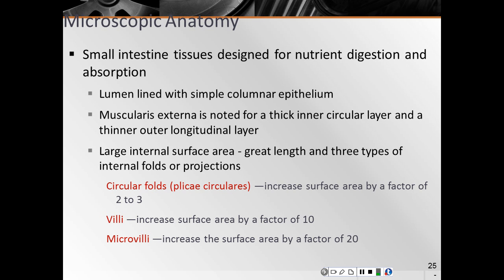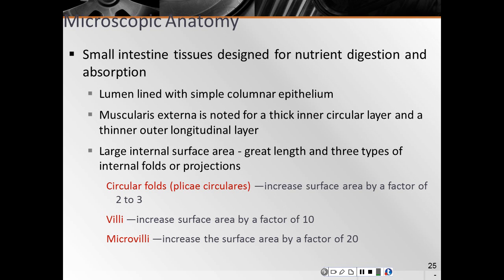Now, the large internal surface area is produced by the small intestine's relatively great length and by three kinds of internal folds or projections. We have the circular folds, which are the largest folds and are transverse to the spiral ridges.